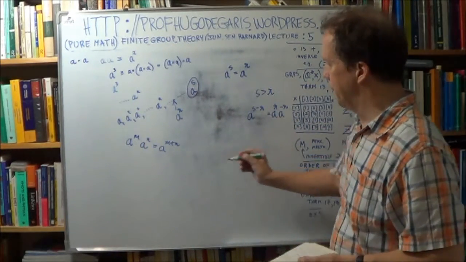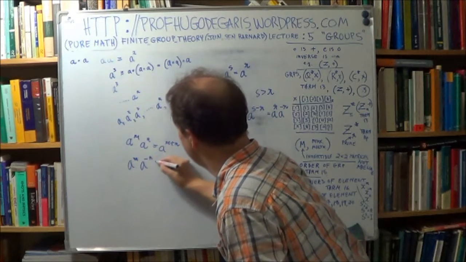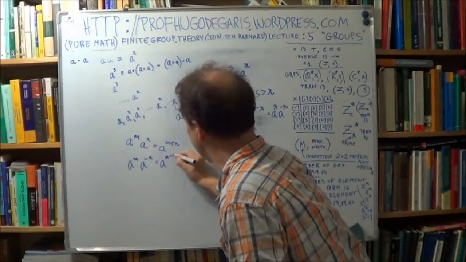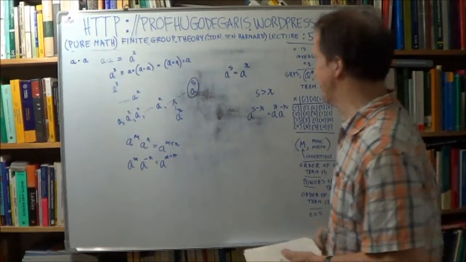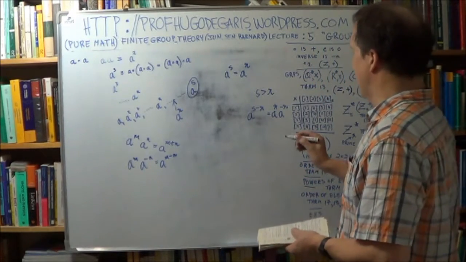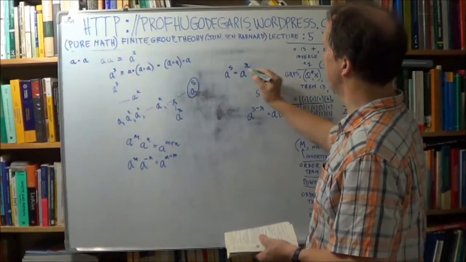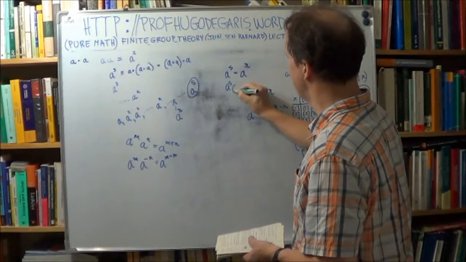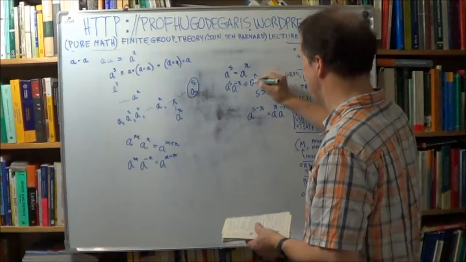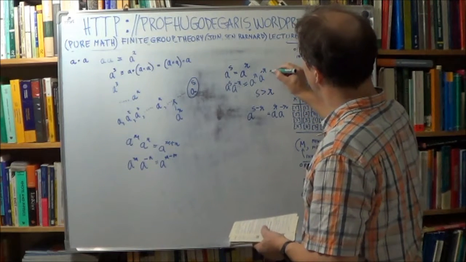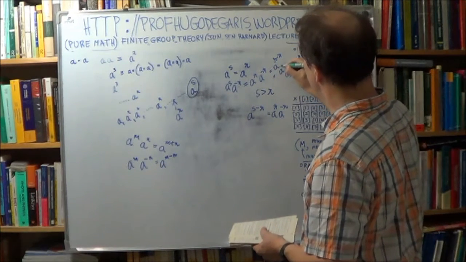So A to the N times A to the minus N is A to the N minus N. Just the usual exponent properties. So if I multiply on the right by A to the minus R, I'll get A to the R times A to the minus R, and that's the same as A to the R minus R, and that's A to the naught.